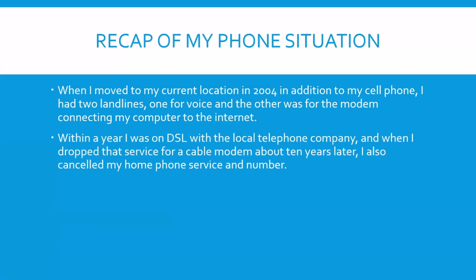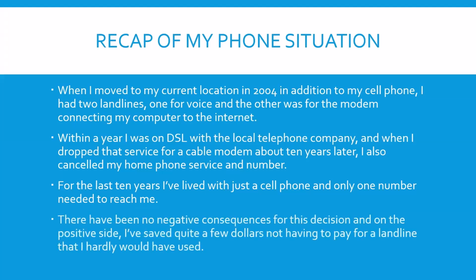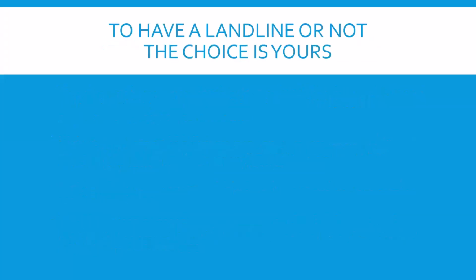Within a year, I was on DSL with a local telephone company, and when I dropped that service for a cable modem about 10 years later, I also canceled my home phone service and number. That means for the last 10 years, I've lived with just a cell phone and only one number needed to reach me. There have been no negative consequences for this decision, and on the positive side, I've saved quite a few dollars not having to pay for a landline that I hardly would have used.